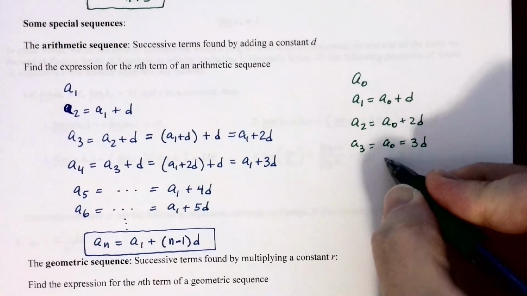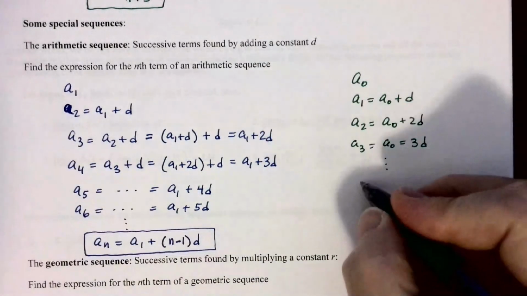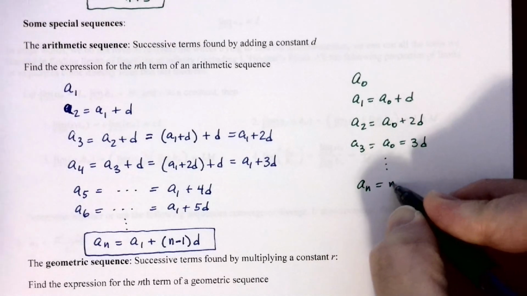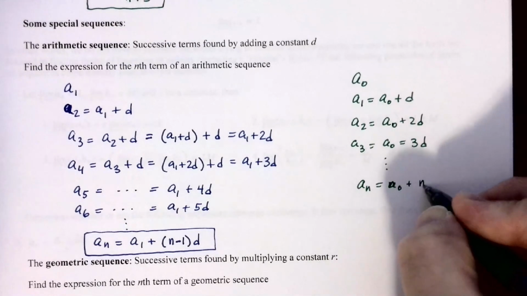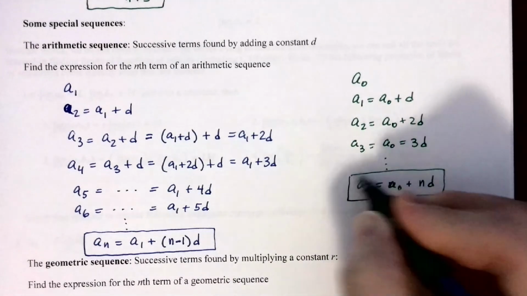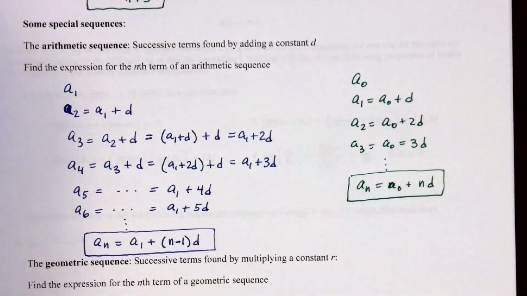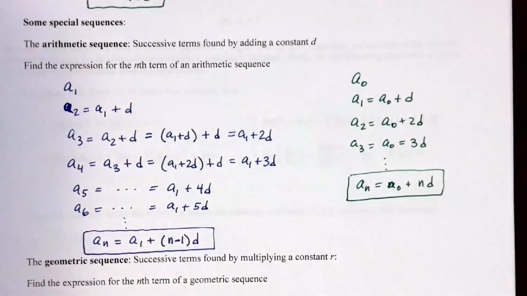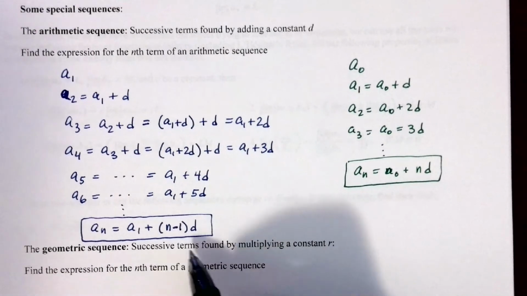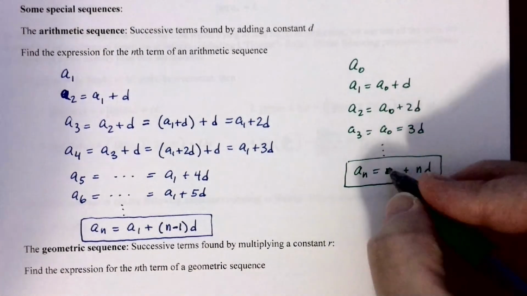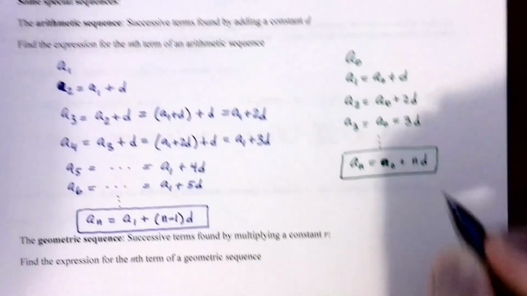And you see in that pattern, then what can we observe? In this case, a sub n is just a sub 0 plus nd. So again, I can start the subscript at any point, 0, 1. I can even do it at 2. And of course, it's going to affect the general term a little bit. So that's the arithmetic sequence.